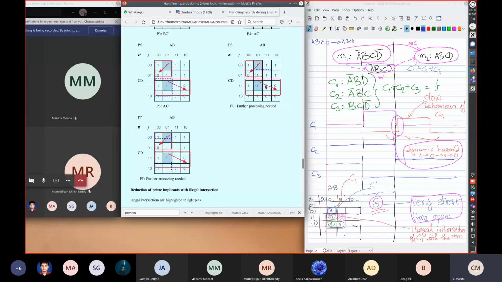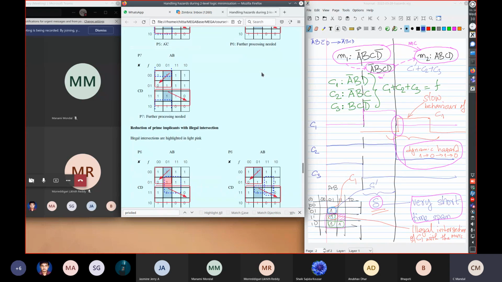Let us look at this. So this one requires further examination because over here, if you look at this, it has an illegal intersection, A bar B C bar D. This is the illegal intersection.